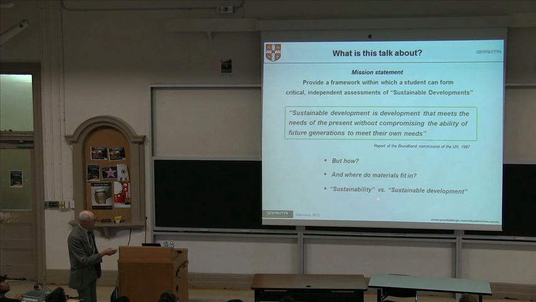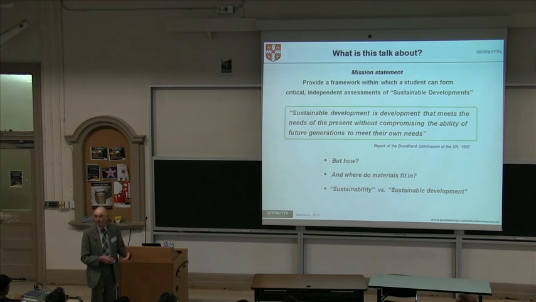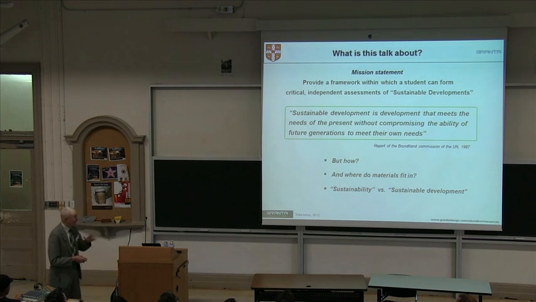Well, it's almost impossible to assess whether something is ultimately sustainable, but it is possible to assess whether a development is, given the knowledge we currently have, whether a particular enterprise or project is a sustainable development, and that's what this talks about.